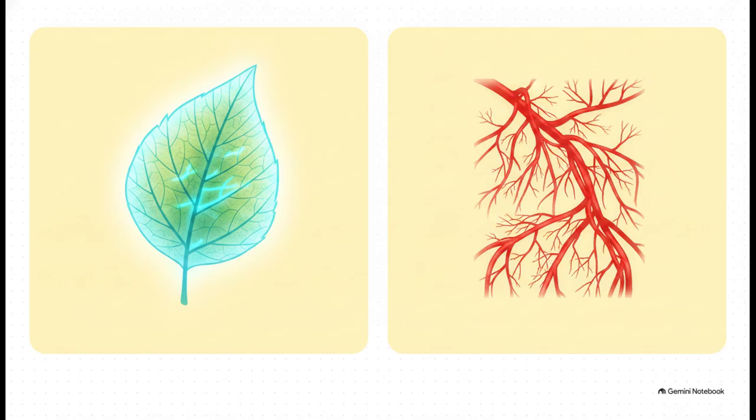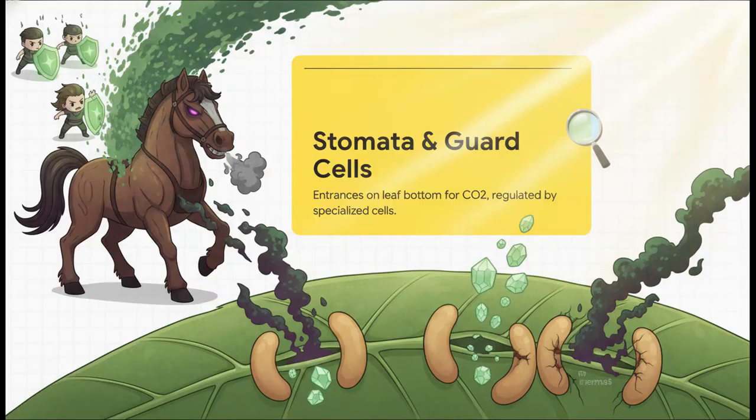It helps to think of these exactly like blood vessels in animals. Just as our vessels transport oxygen and nutrients to our vital organs, leaf veins act as the absolute essential transport system for moving water and food throughout the entire plant. But for this photosynthetic engine to actually run, it has to take in carbon dioxide.